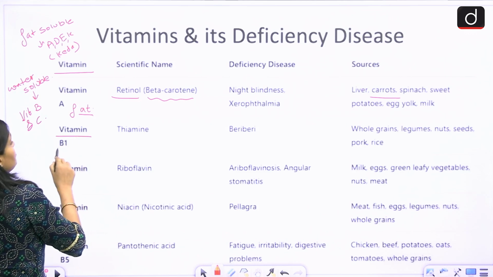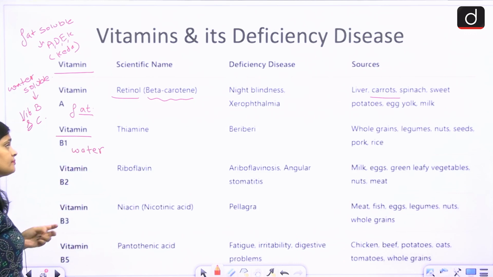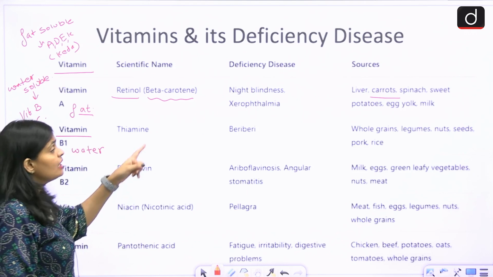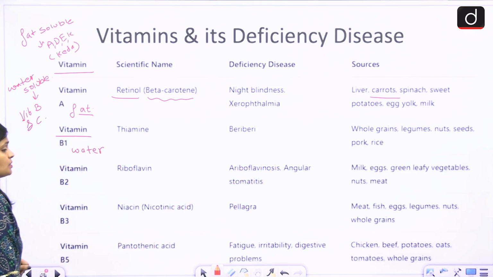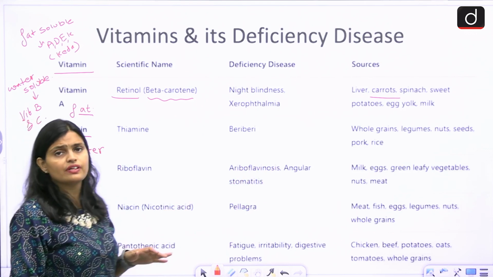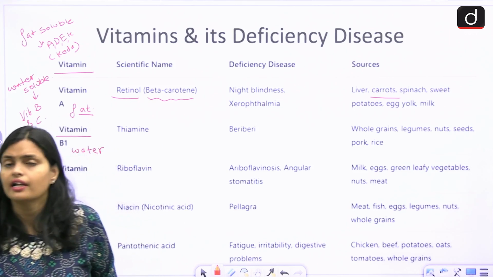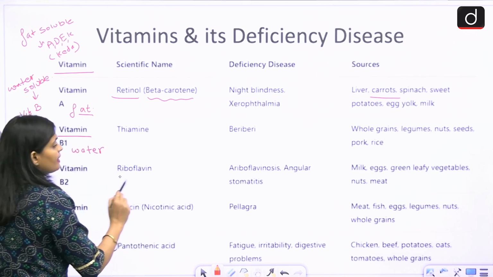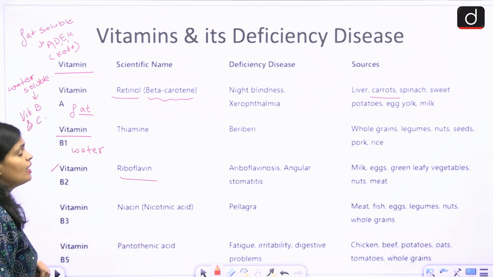Then we have vitamin B1. This is water soluble, and a member of the B family. B1 is scientifically named thiamine, the disease caused is beriberi, and the sources are all the fruits, vegetables, whatever food we eat every day; everywhere you will get vitamin B. B2 is riboflavin, and deficiency causes ariboflavinosis and angular stomatitis.